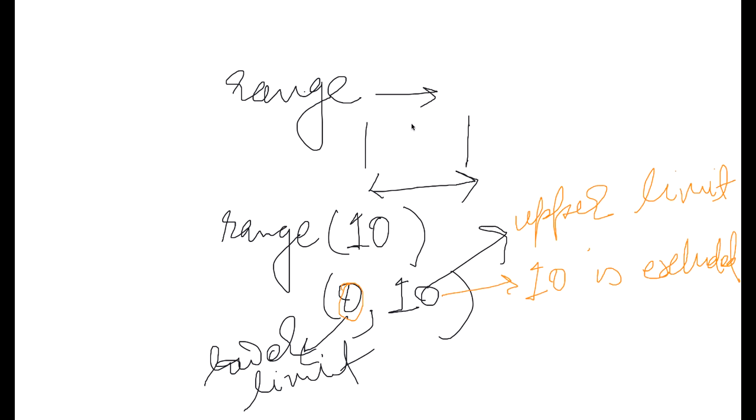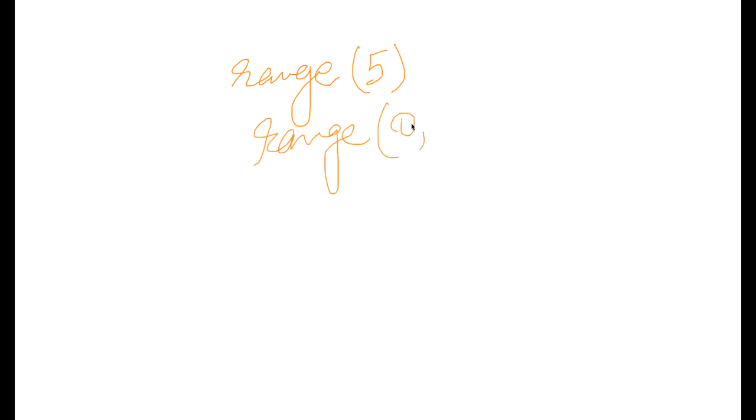So if I say range 5, it actually means 0, 1, 2, 3, 4. 5 is not included in it. We exclude the upper limit.